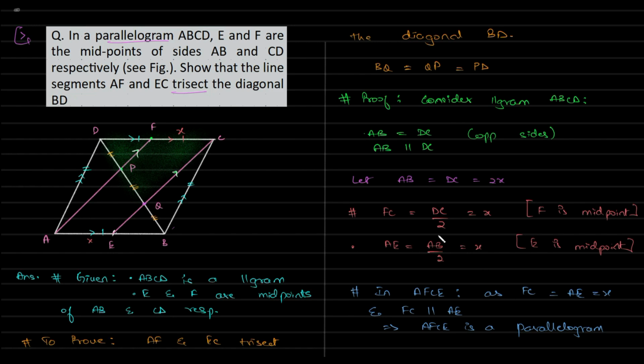Let's look at it again. FC is parallel to AE. We'll write it as from 1, just in case your teacher asks where you get this from, we can point out from 1. This is just from the previous written steps. So we proved that this is a parallelogram.